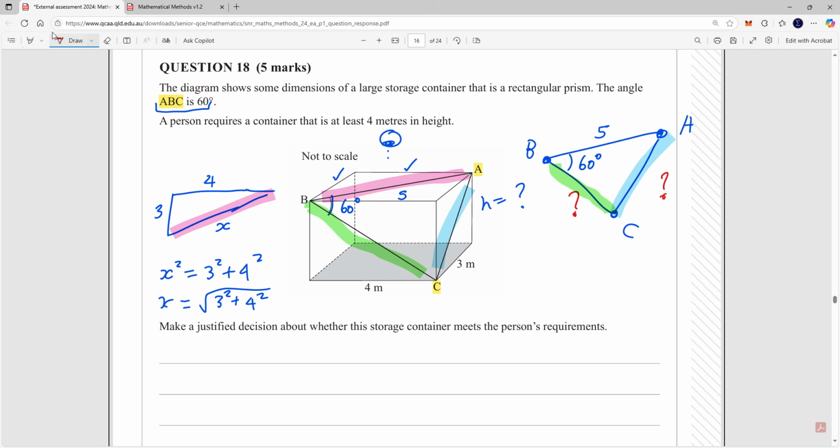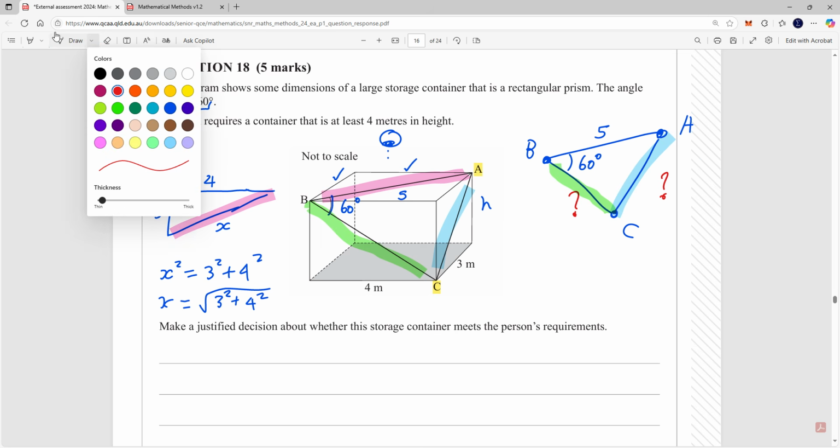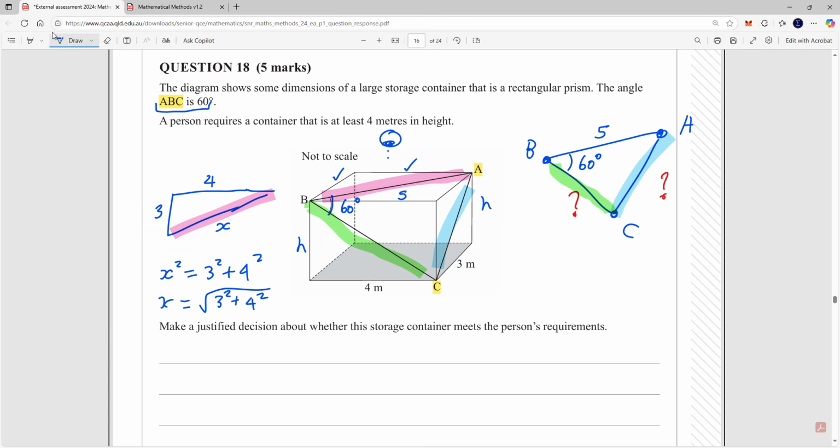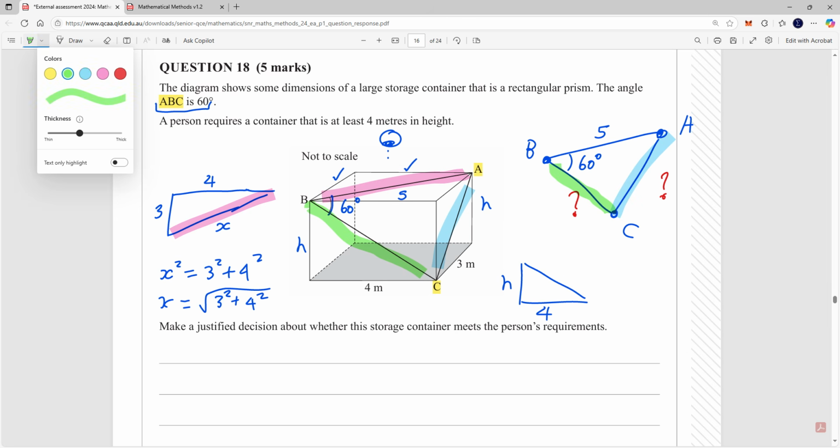Here, we don't know what the height is, but we can just call it h in the meantime. So let's call that h. That's also h. So if I'm looking at this triangle here, I've got the triangle h, 4, and that bit there is the green bit.